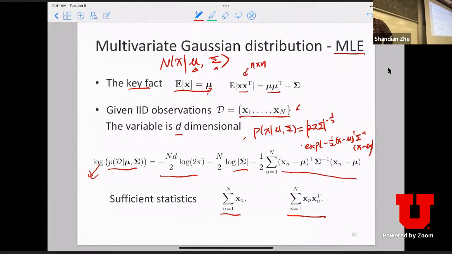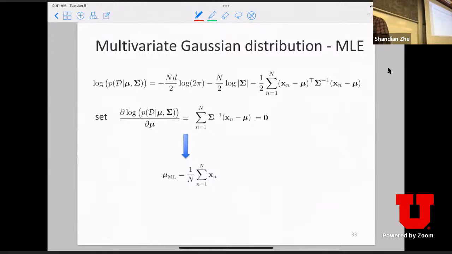And here you can see that this sufficient statistics essentially is just summation over all the observations and also summation over the outer product of each observation. So to see why they are sufficient statistics, we can just look at the MLE, maximum likelihood estimation of the multivariate Gaussian.